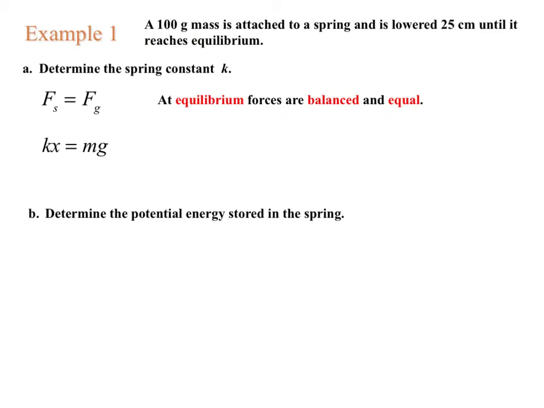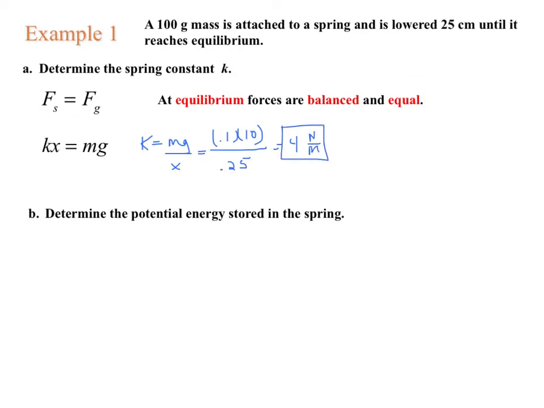If we want to solve for the spring constant, again, that would be k is equal to mg over x. Making sure that we change that mass to kilograms. We can use 10 here, that's okay. And our centimeters has been changed to meters. So we should get a value of 4 newtons per meter.